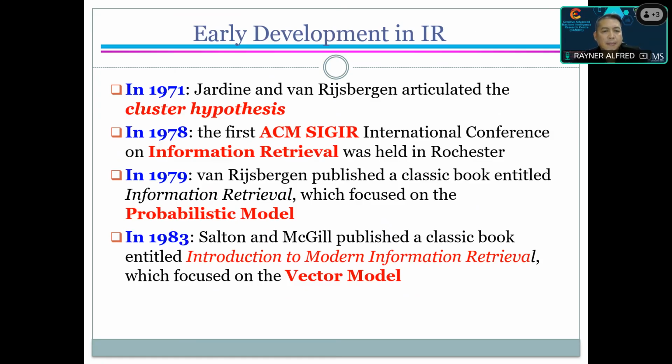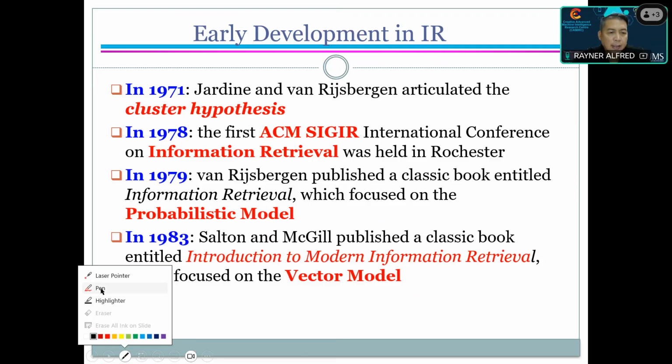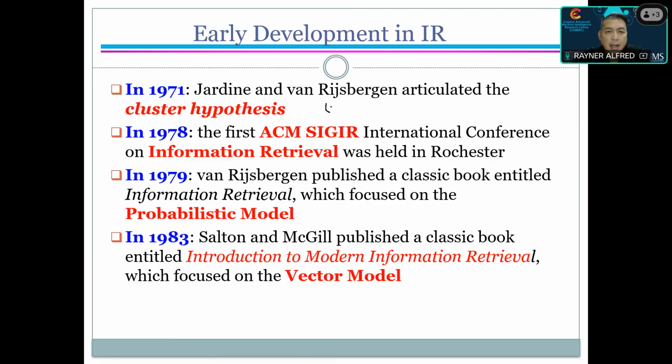This is highly related to document classification, which is what we call supervised. So this one, clustering, is the unsupervised, and classification is the supervised.